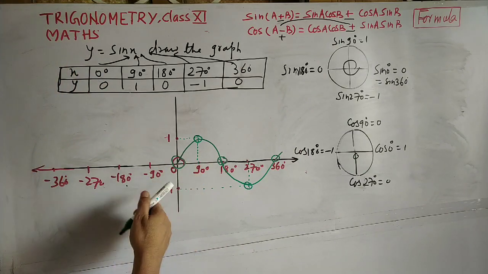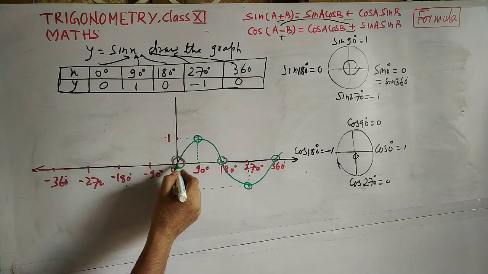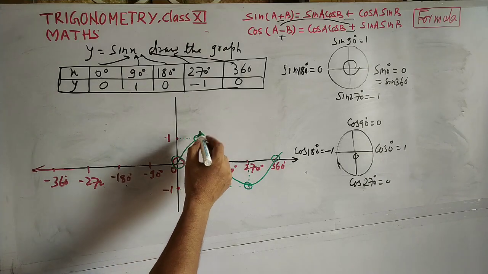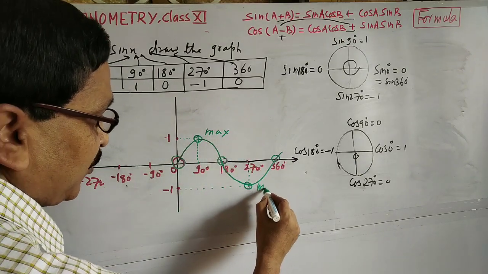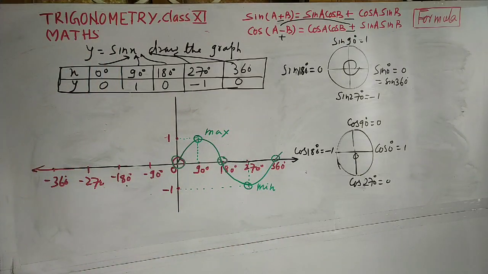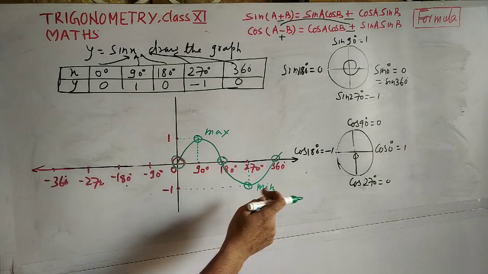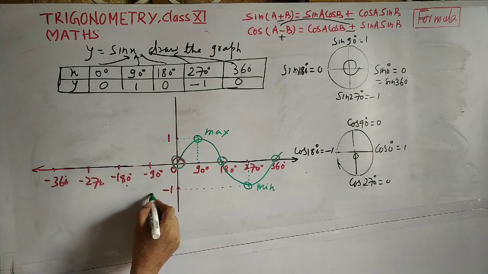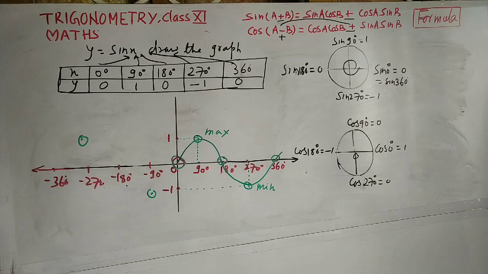Suppose you move to this side, this will be downward and this will be upward. Naturally, this is the maximum value and this is the minimum value. The sine is maximum 1 and minimum minus 1. Likewise, minimum to maximum, then minimum, then maximum. This is the rule.